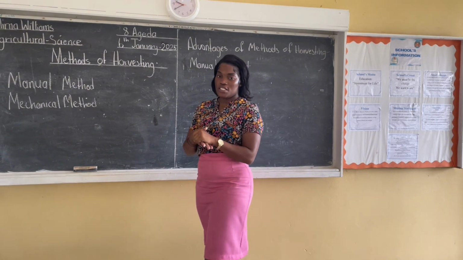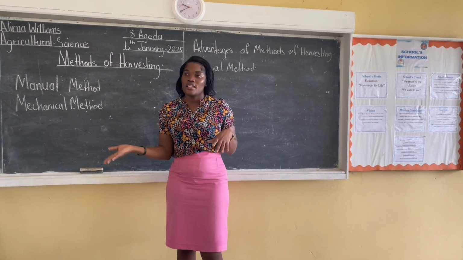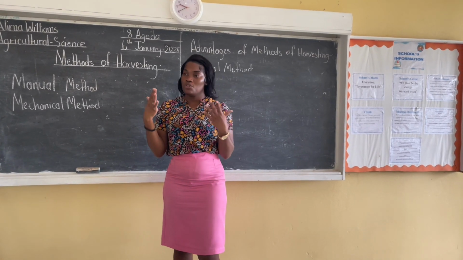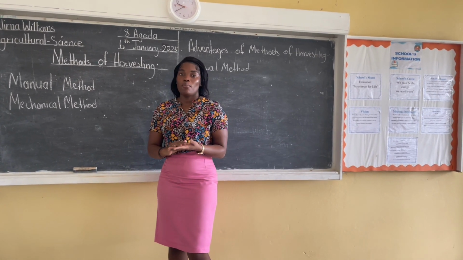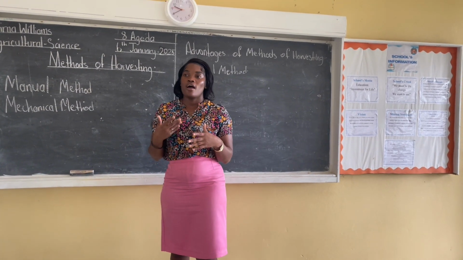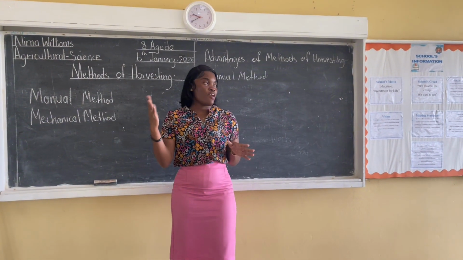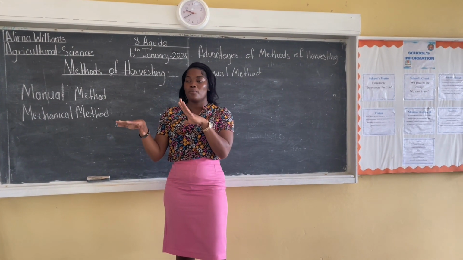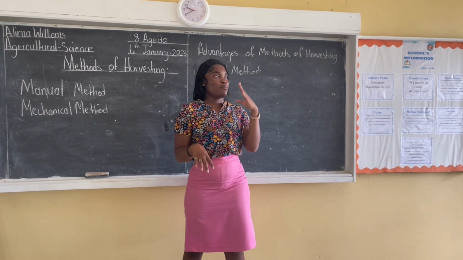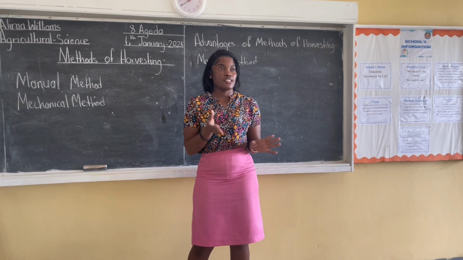I have an activity, so we're going to split the class in half. The half on my right will look at rice. Yes, we know we do have rice, but based on the video, we can see how rice is being harvested, sugarcane and so on. So the group on my right, you're going to brainstorm rice and sugar, and the group on my left, you will go through how we can harvest pak choy.